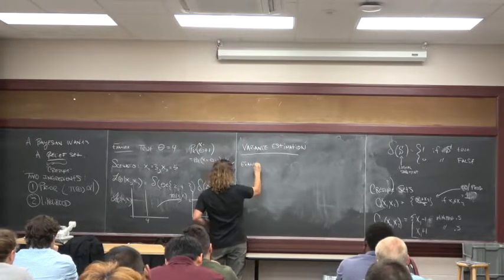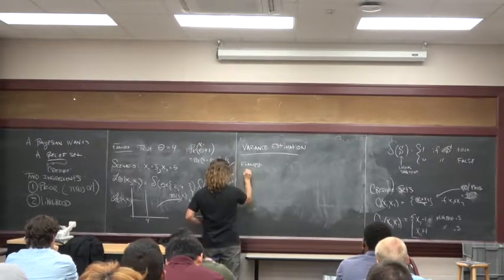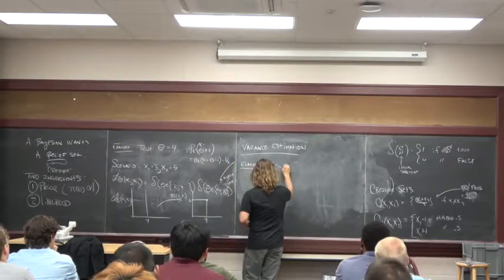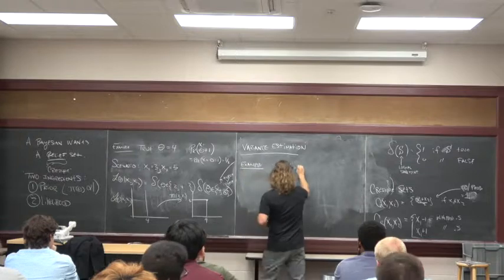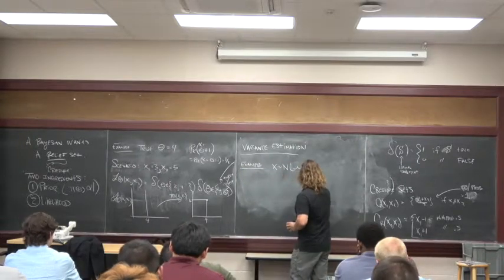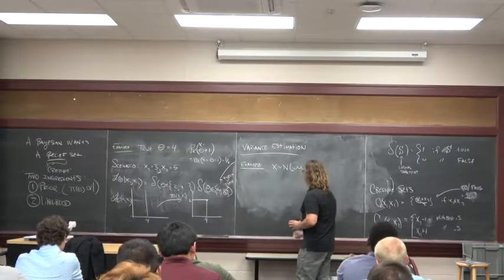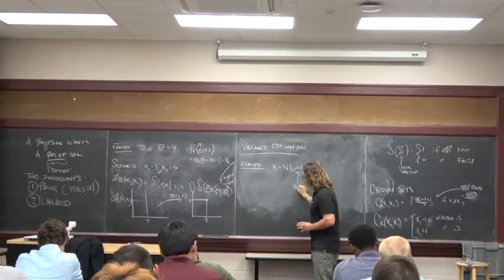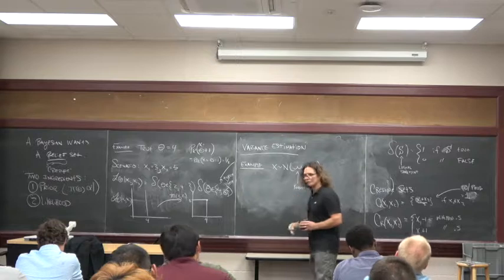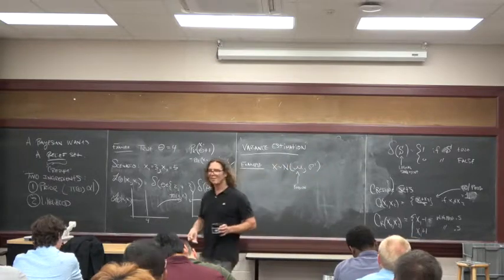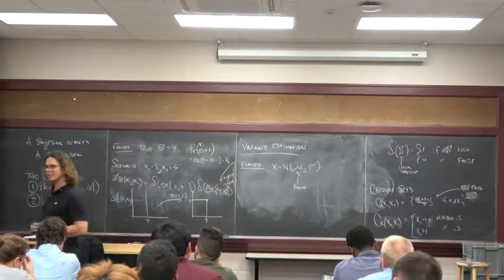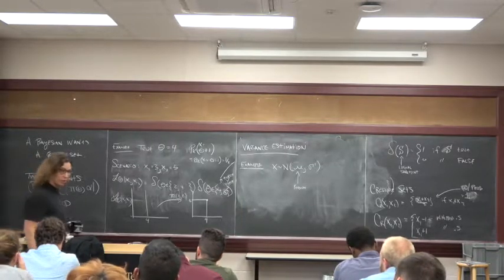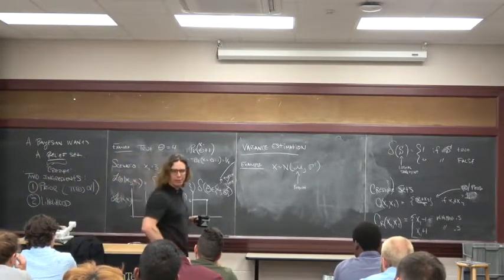It's going to feel a little bit contrived, but I'll explain a few things with it. X is going to come from a normal model with mean mu and variance sigma squared. And I'm going to say mu is known. So that's totally contrived. I'll tell you the center, but I won't tell you the variance. Turns out people do this all the time. In spatial processes, the whole question is about the variability of the process.